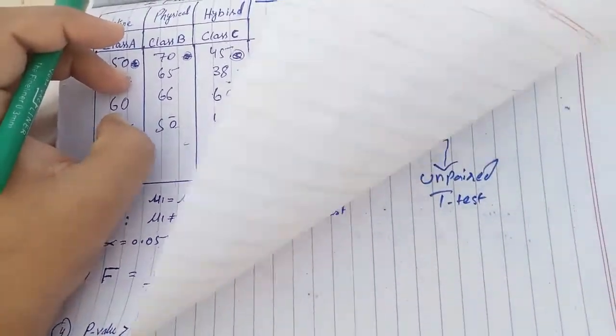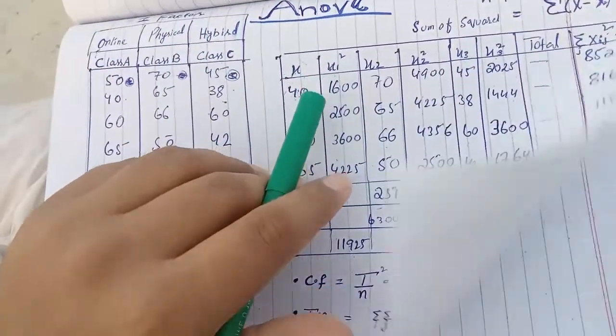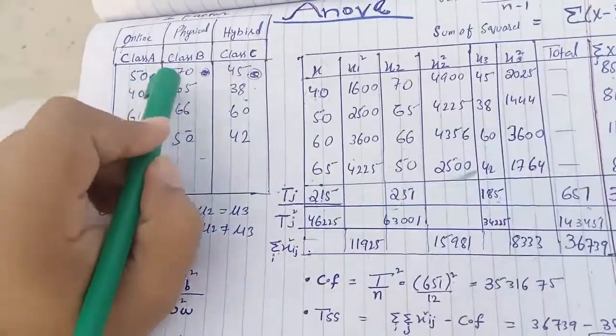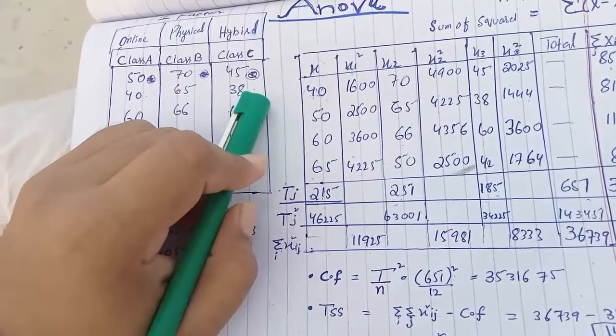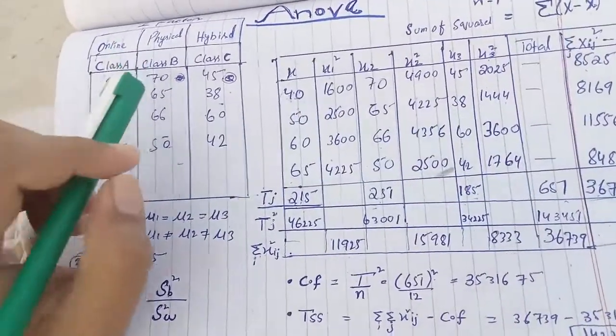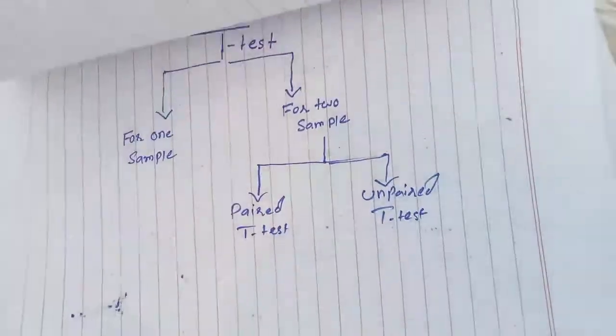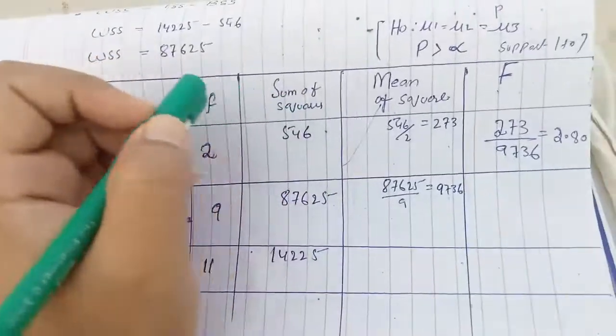Or I can say the sum of square within a group. So there are two types of variation: one is the variation between the samples and one is the variation within a sample. And once we get these two variations, then we will move forward, right?